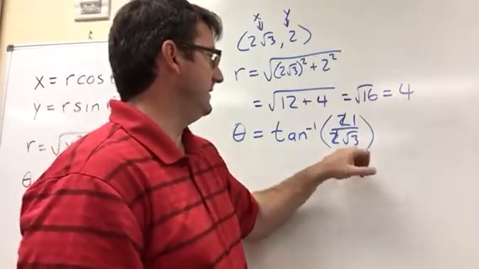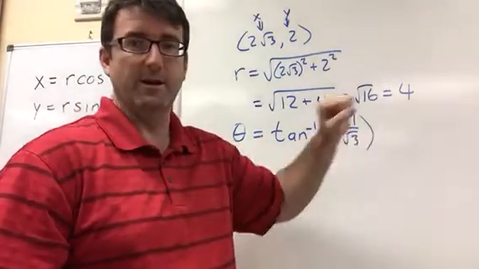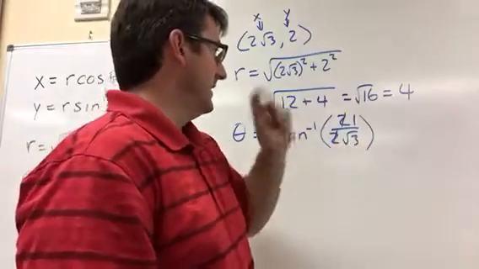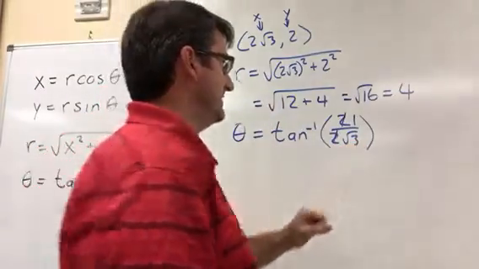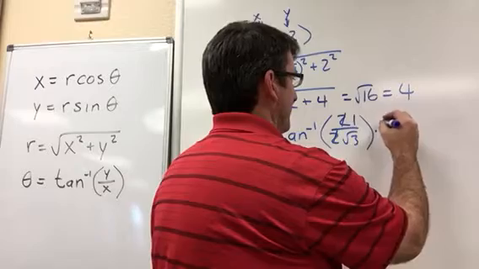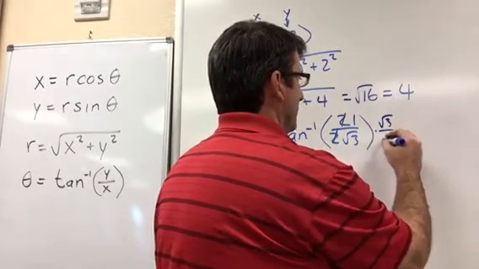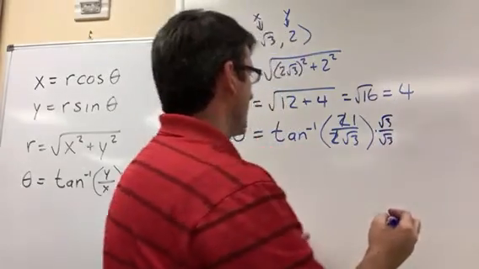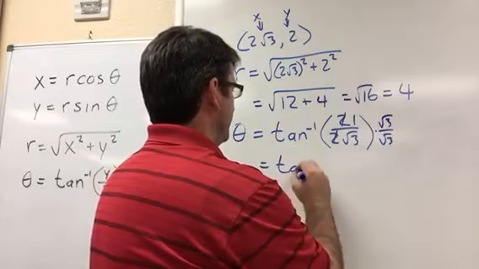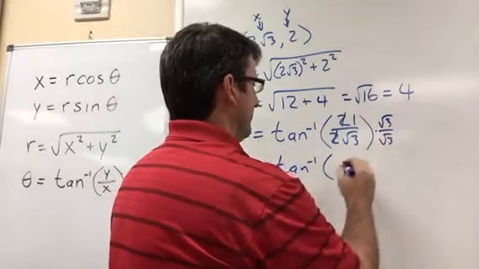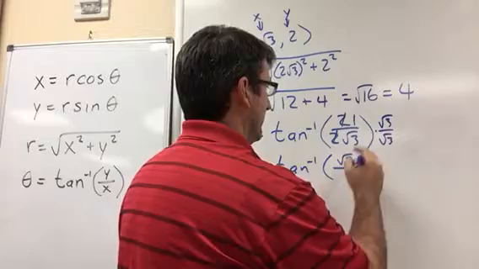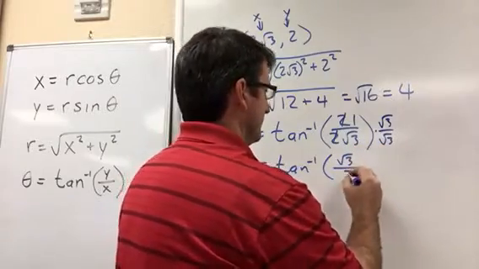In order to recognize this on our unit circle, we're going to want to rationalize this denominator. So let's multiply both the top and the bottom by square root of 3. So this is the inverse tangent of the square root of 3 over square root of 3 times square root of 3 is 3.